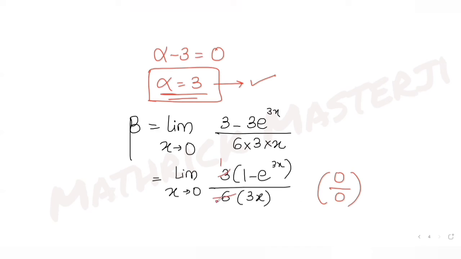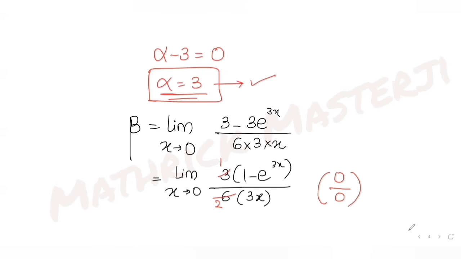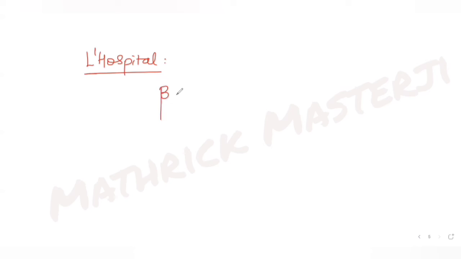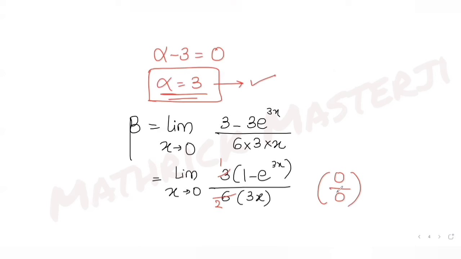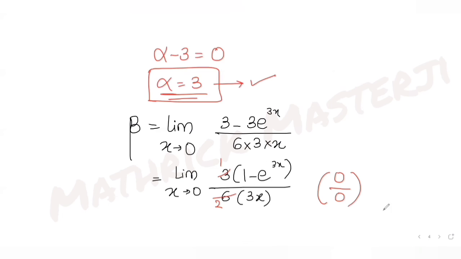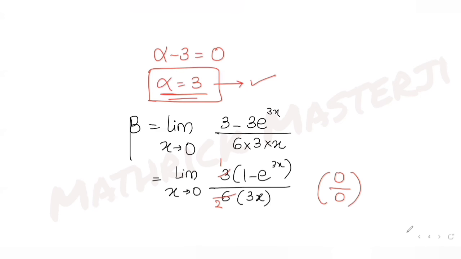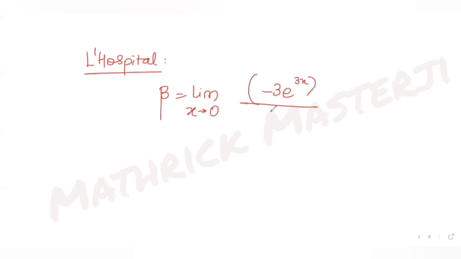And when it does become indeterminate, what I can do is again apply L'Hopital's rule. So if I apply L'Hopital's rule again, I get beta as limit x tends to 0 of derivative of 1, which is 0, minus e raised to 3x, that again becomes minus 3 e raised to 3x, divided by the derivative of 6x, which is basically 6.